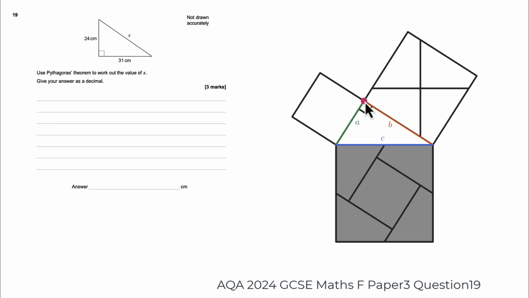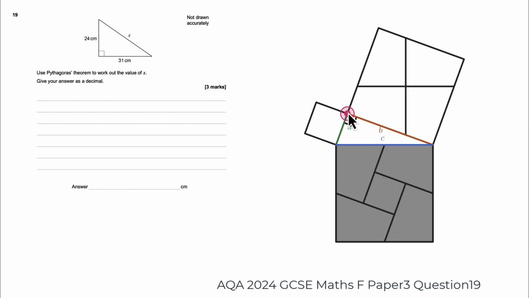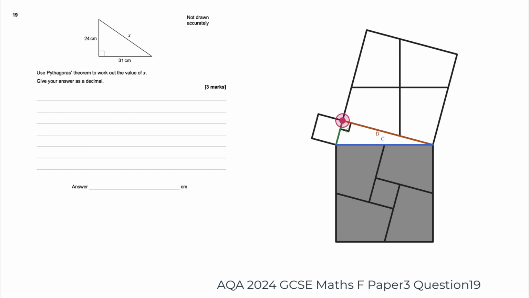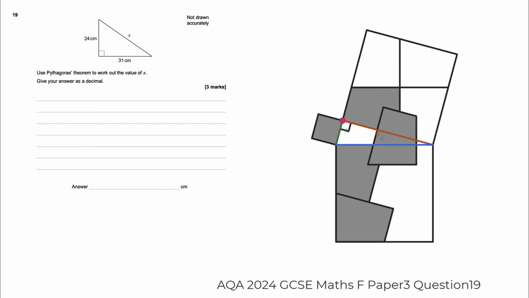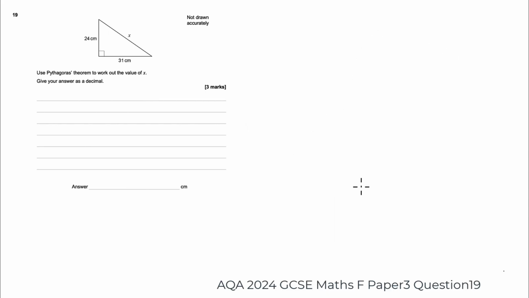And it doesn't matter what the size of that triangle is, all these pieces fit precisely together so that the sum of the areas of the two small squares is equal to the large square. So that's Pythagoras' theorem. So back to the right-angled triangle in the question.